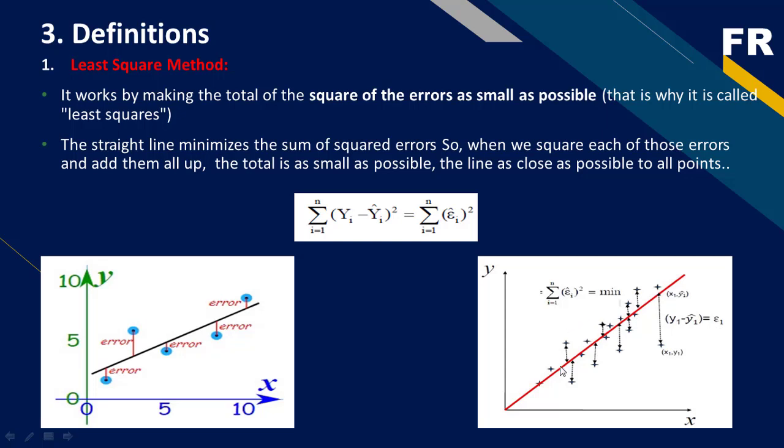And the addition of all these error squares should be the minimum. This is the least square method. It is given by this formula: summation of i equals 1 to n of (yi minus yi dash) square is equal to summation of i equals 1 to n of ei square.